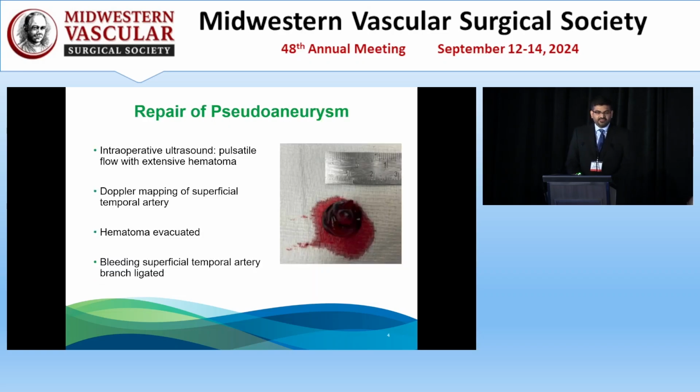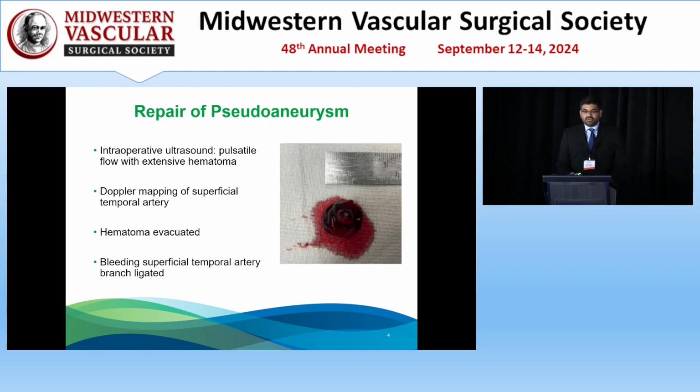So a plan for repair of the pseudoaneurysm was made, and a detailed discussion was held with the patient. Eliquis was held for 24 hours, and the patient was taken to the operative room after getting informed consent. Intraoperatively, a duplex scan was done, which showed pulsatile flow with extensive hematoma.